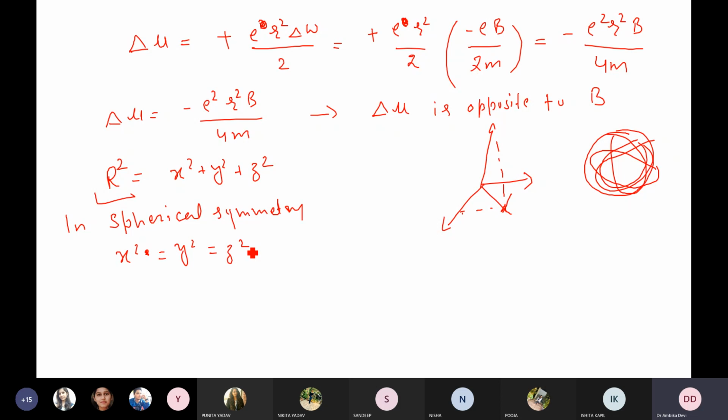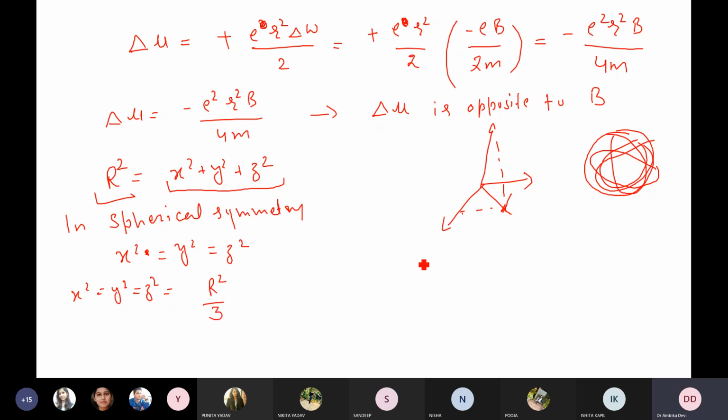Because x will be equal to y will be equal to z in the spherical symmetry. So if you substitute, x square is equal to y square is equal to z square, which is equal to r square by 3, right?